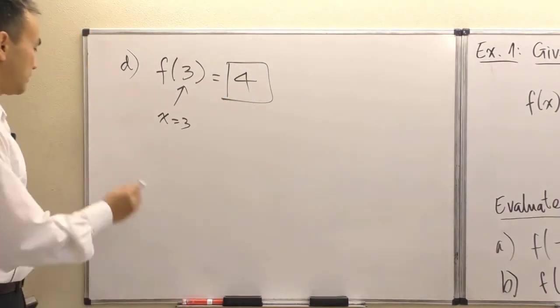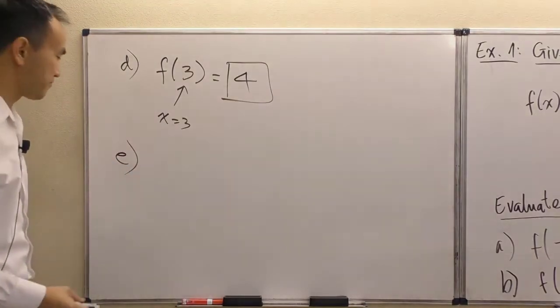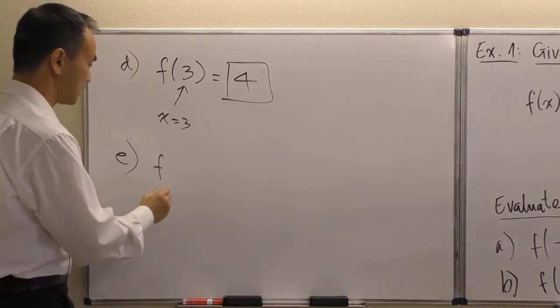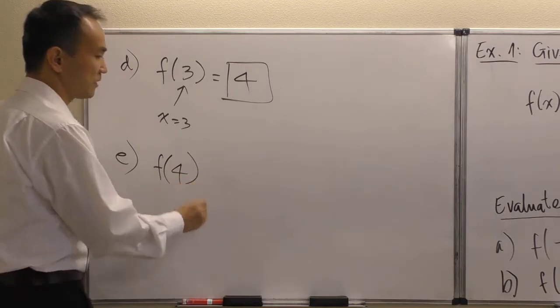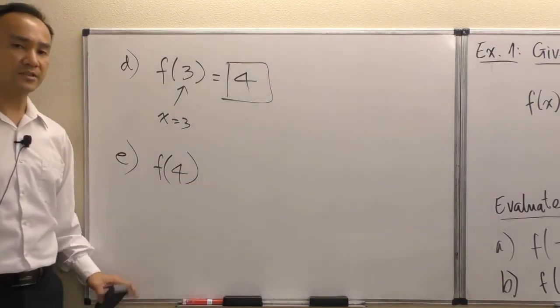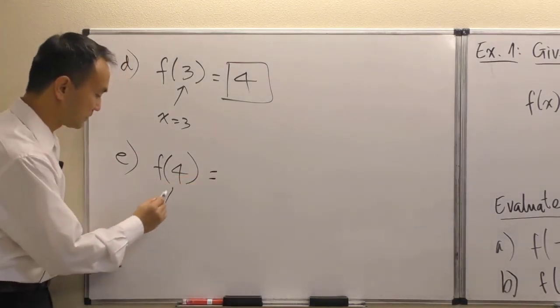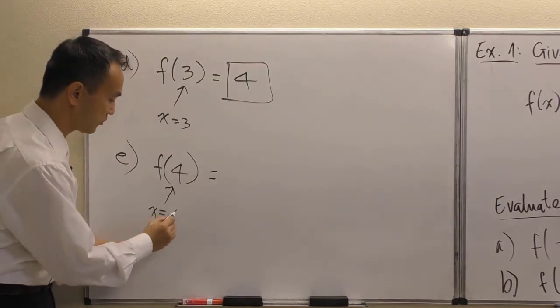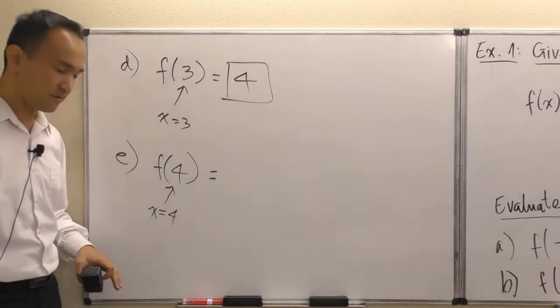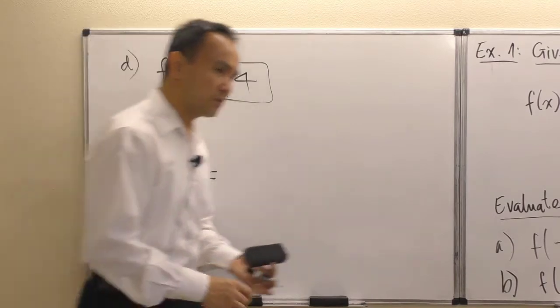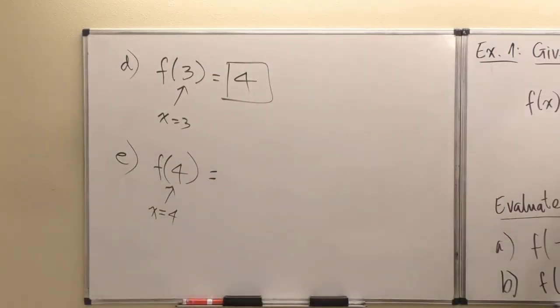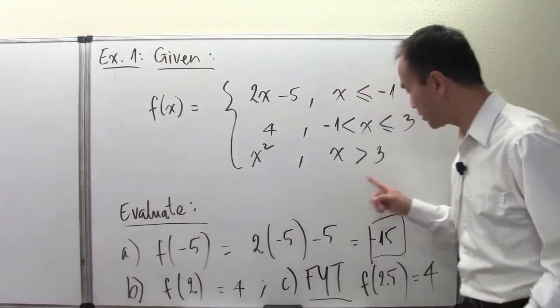Okay, and so now what about question E right here? Now let's look at f of 4. With f of 4, see what we notice? We change to an input being 4. So x equals 4. For this input, it belongs to this piece right here.